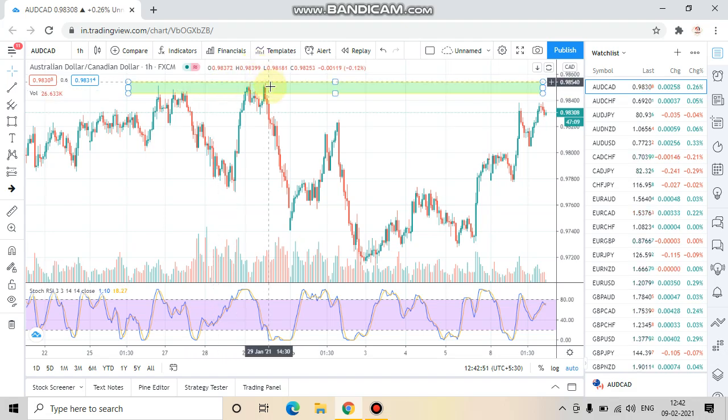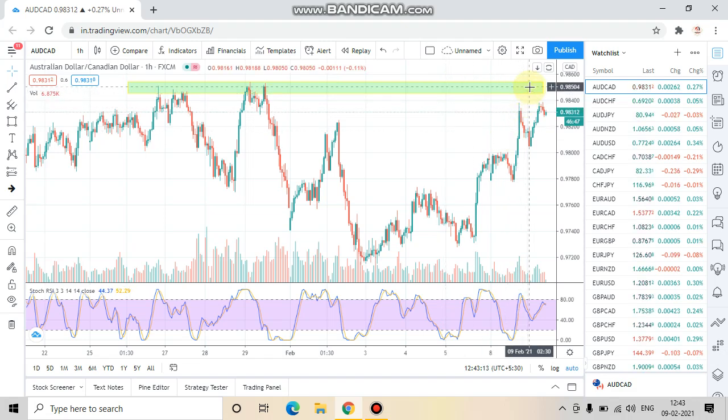So what will be the best shot here? If it goes up and reaches this 0.9845 price zone, and if it shows some reversal or price rejection from above, then you can short the market.